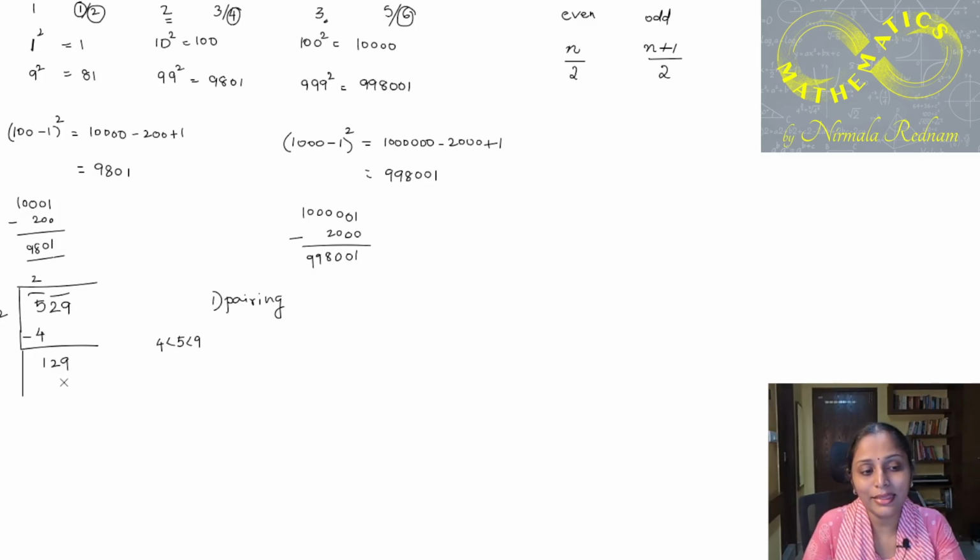Now the next step. The second step here was finding the nearest perfect square that is less than the given number under the bar. So what is the next step? I'm going to take the double of this. 2 into 2 is 4.